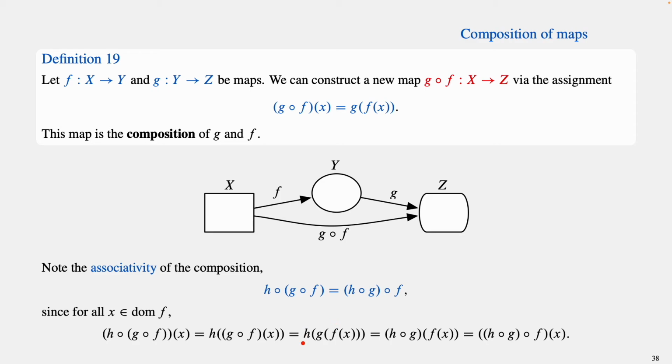And to that we apply h. But this, by definition again, is the same as the composition of h and g being applied to f of x. And this again, by definition, is the same as the composition of h and g composed with f being applied to x.